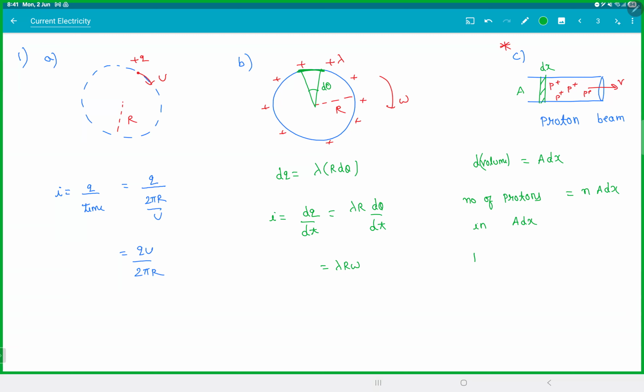Then the total charge Q will be n A dx into the charge e. I is dq by dt, which is n e A dx by dt. I is equal to n e A v.